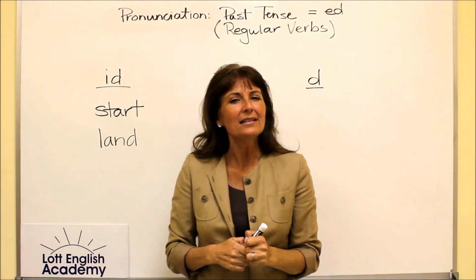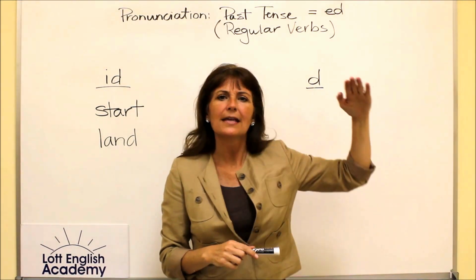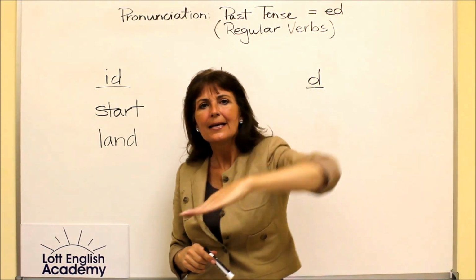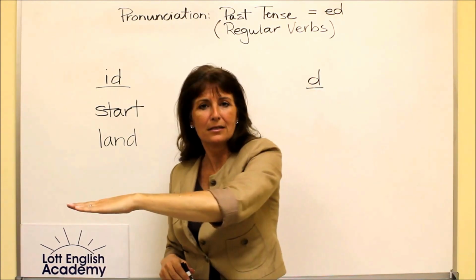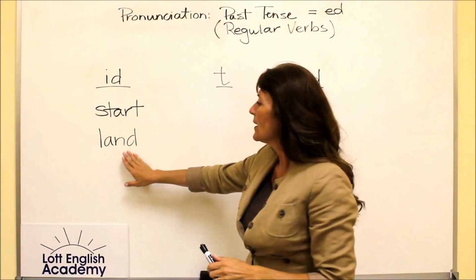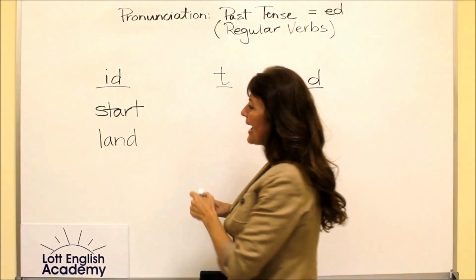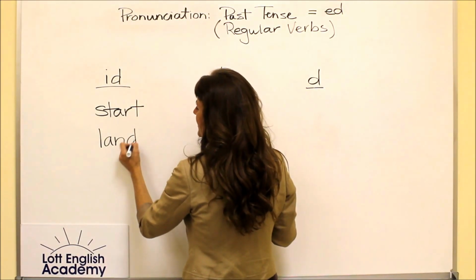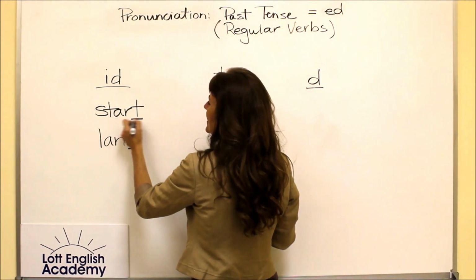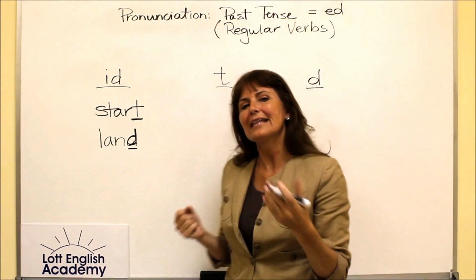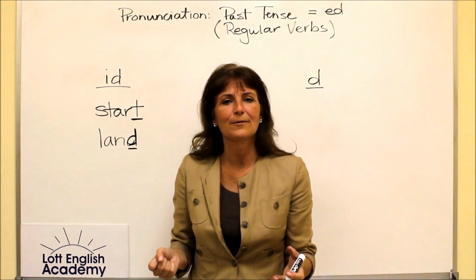The word land, you might not know. It's like when an airplane is flying and it comes back to the earth, we say the airplane lands, okay? So land has as its last letter, the last sound here, the letter D. And start has as its last letter the sound of the letter T.